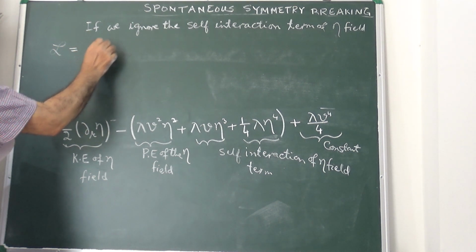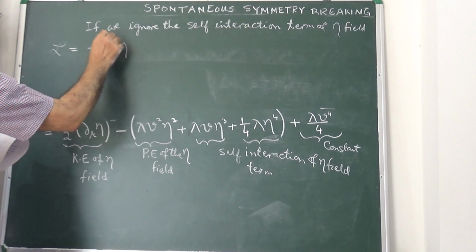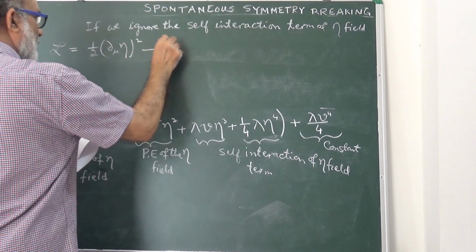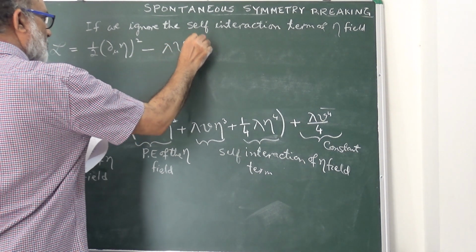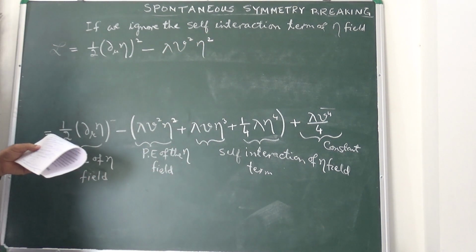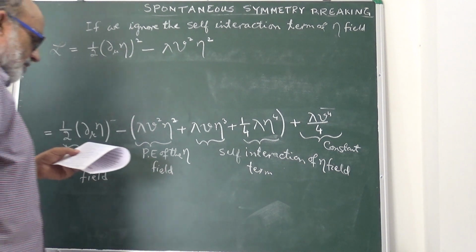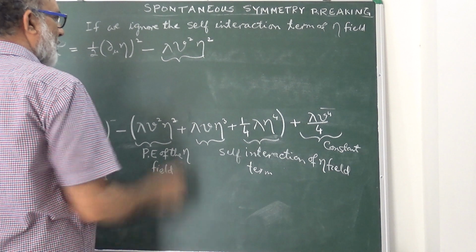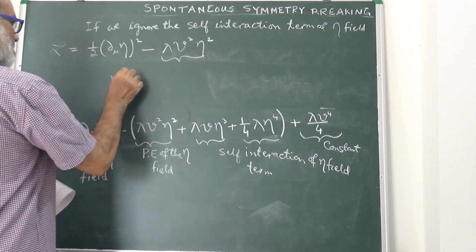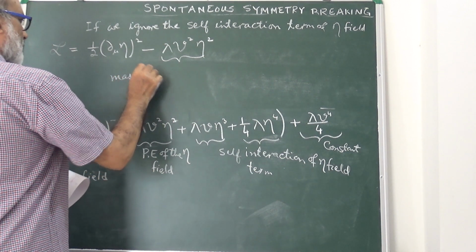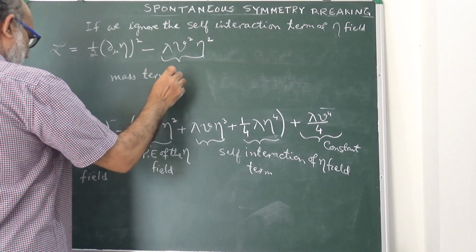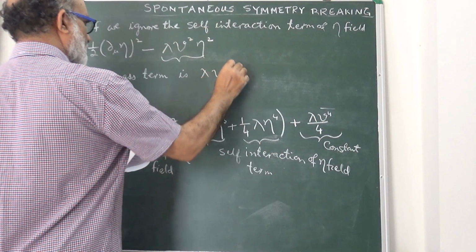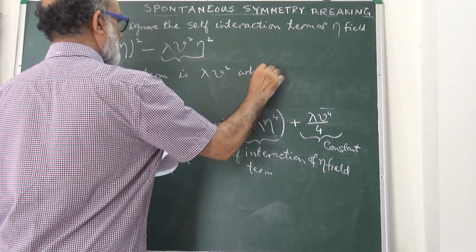half, minus lambda b square. So this is the potential energy part, and the mass term here is lambda b square, which is real.